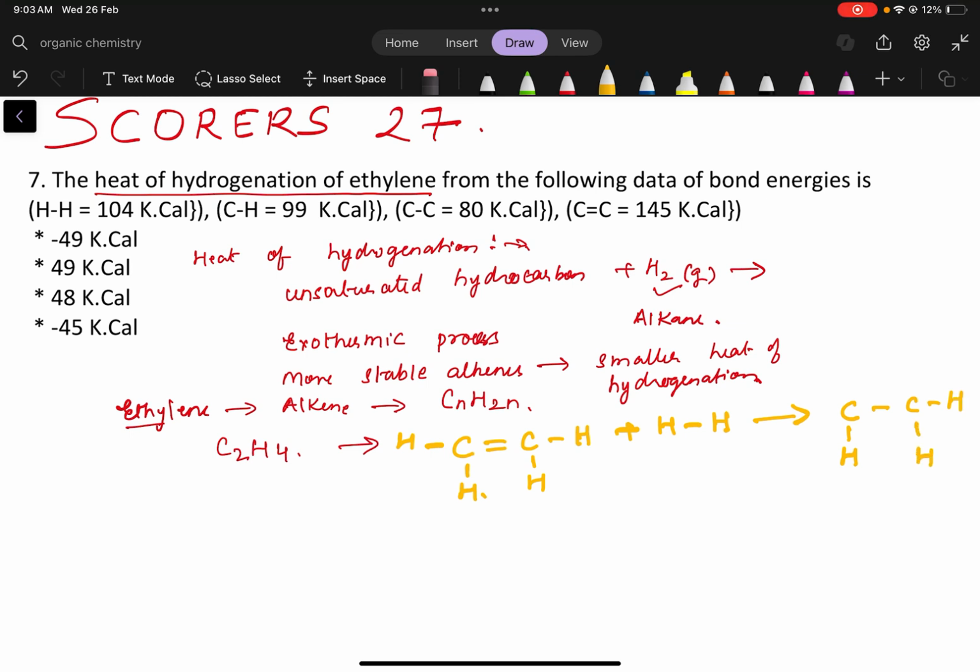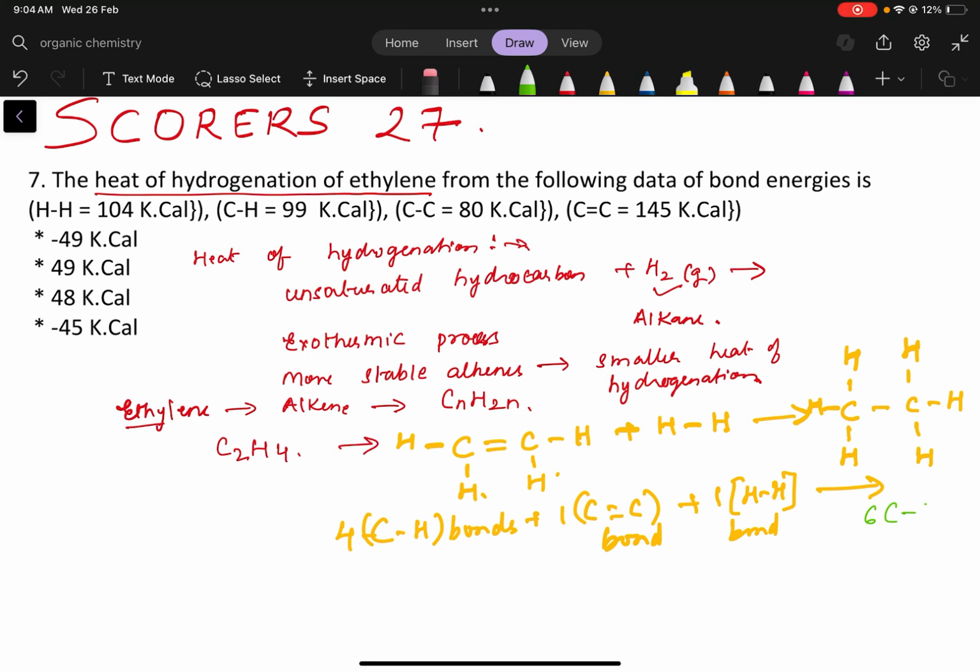Ethane has 6 CH bonds. On the reactant side we have 4 CH bonds plus 1 C double bond C bond plus 1 HH bond. And on the product side we have 6 CH bonds plus 1 CC bond.